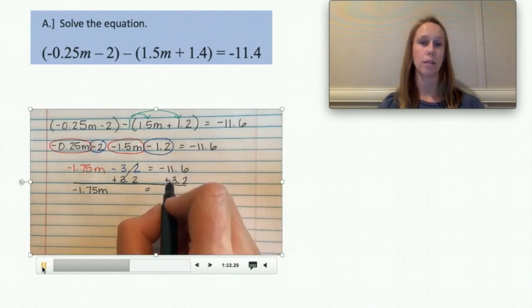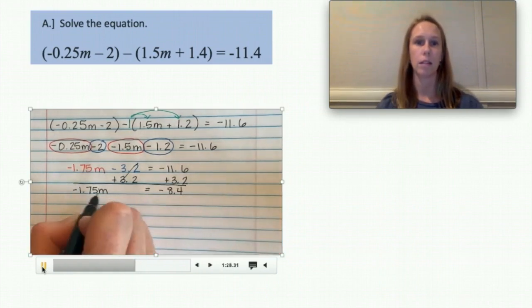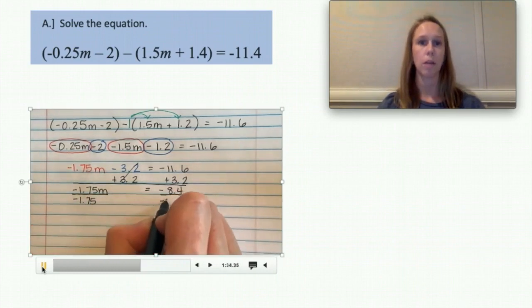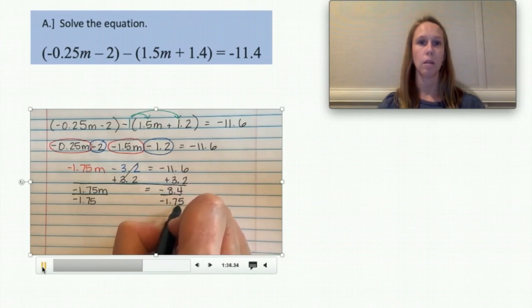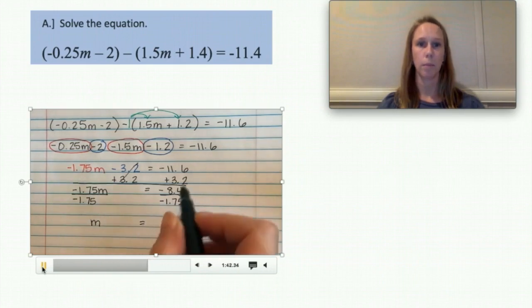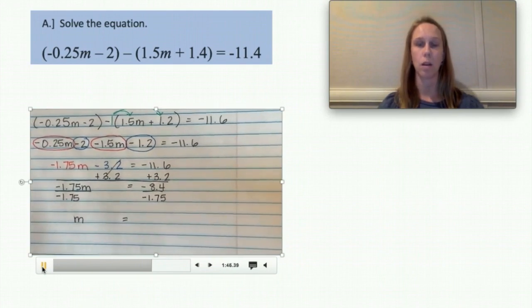Negative 3 2/10 plus 3 2/10 makes 0, and then I add -11 6/10 plus 3 2/10 to get -8 4/10. Now the opposite of multiply, or the inverse, is divide. So to isolate the variable, I'm dividing here, and I end up with 1m, and -8 4/10 divided by -1 7500.